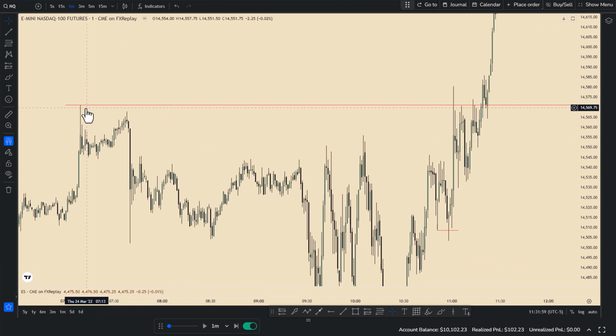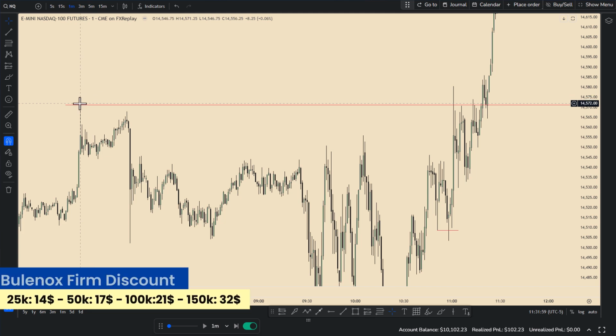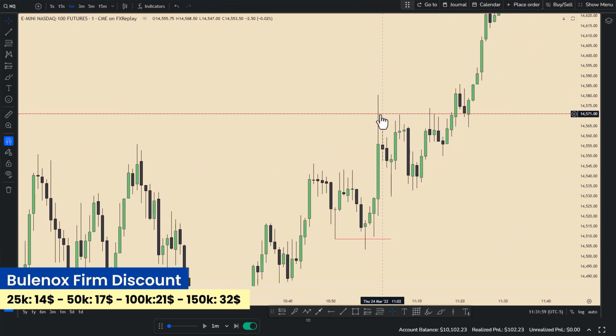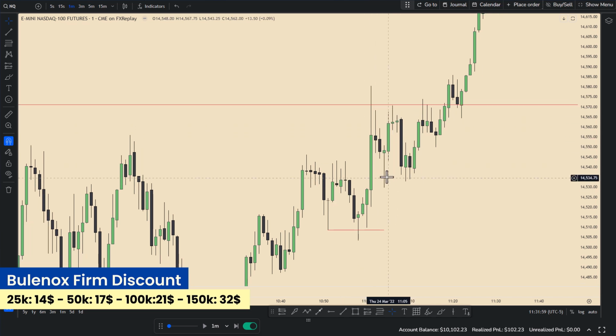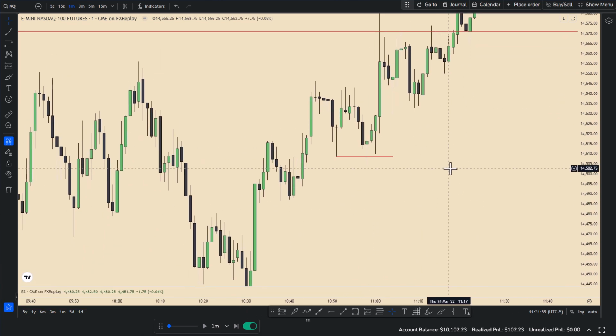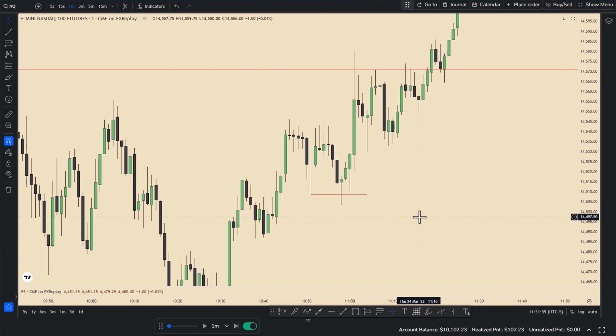They see a sweep or a run on a previous high or low, and they directly go and look for reversals, right? They say, all right, we have low here, we have resting liquidity below this, and they want to reverse it. It doesn't move like this.